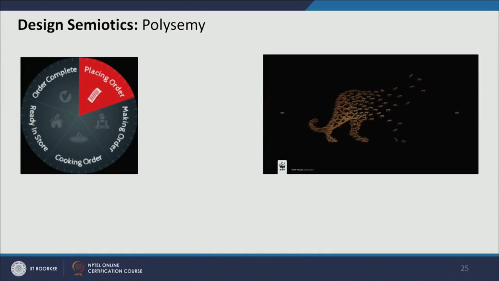Here we also have the WWF's logo and advertisement. The first layer of meaning, the linguistic meaning, is that we read that WWF is written there, so we can understand this is a WWF advertisement.